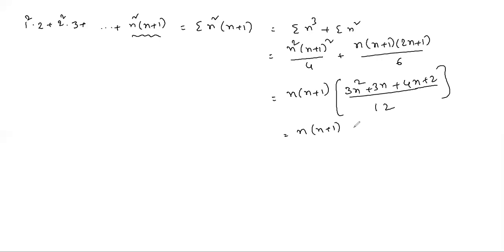So the factors are (n plus 2) into (3n plus 1) by 12. Okay, correct. So what is the ratio?